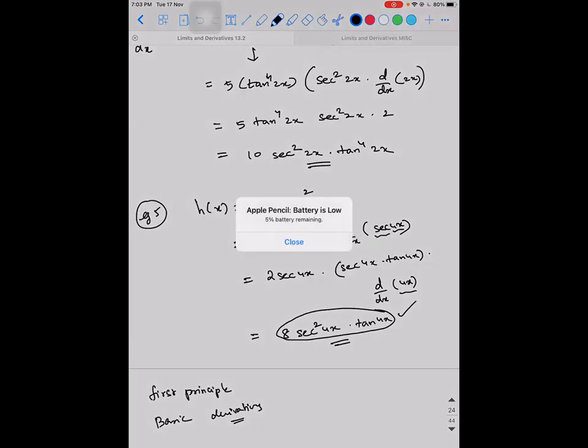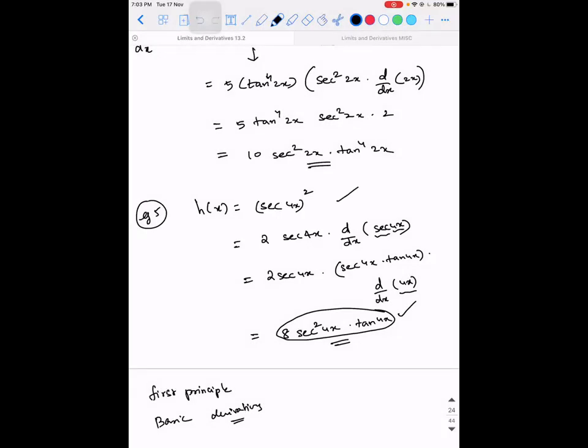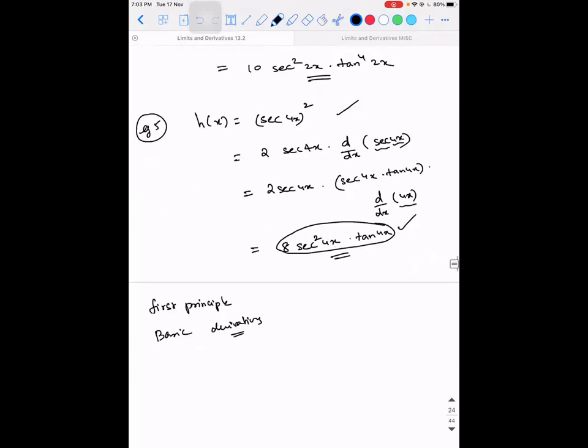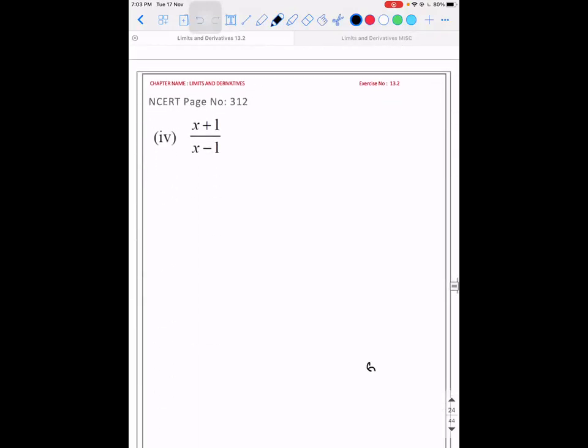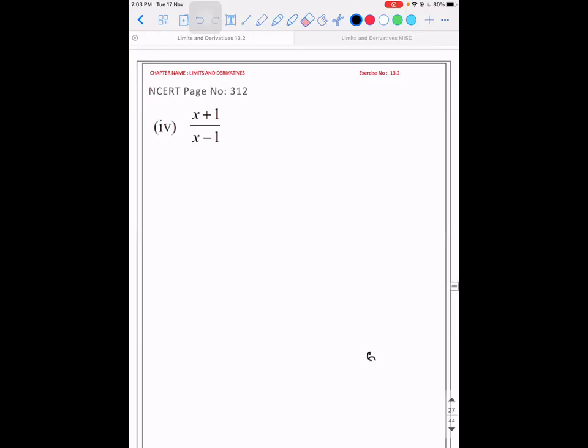Chain rule also, they might not complicate it to this extent. Even if they do, I'm sure you guys can handle it. Okay. Shall we move back to the exercise? Any doubt? Guys, am I clear? Yes, sir. Then I'll proceed.